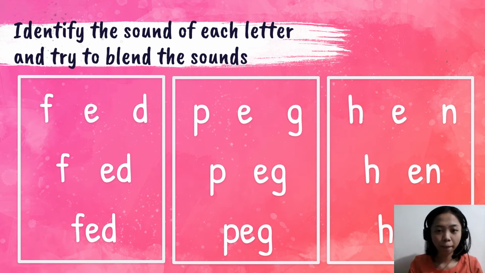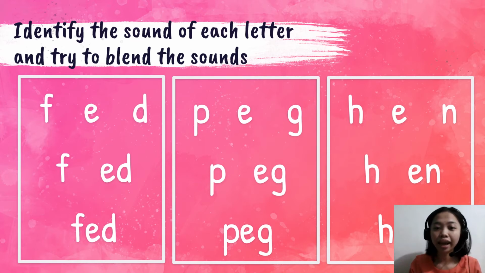Okay, next. The second word is P, E, and then G. Again, can you repeat it? Now, E and G, if you put it together, the sound is eg. Say eg.